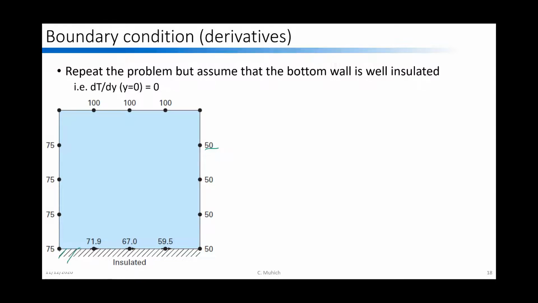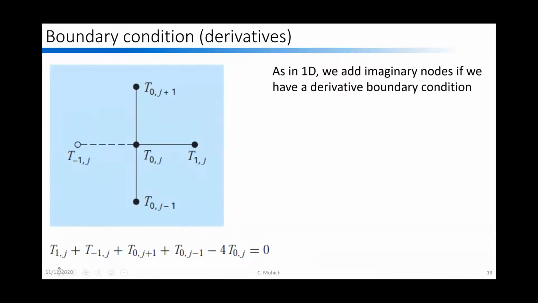But this time, we're going to say that our nodes on the bottom have this condition of dT/dy at y equals 0 equals 0. Okay, these are going to be our points.